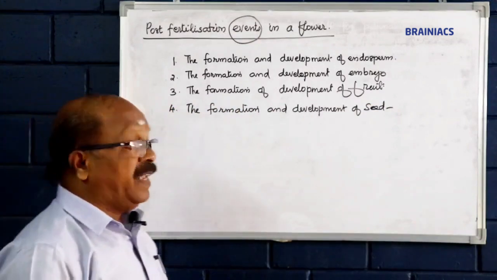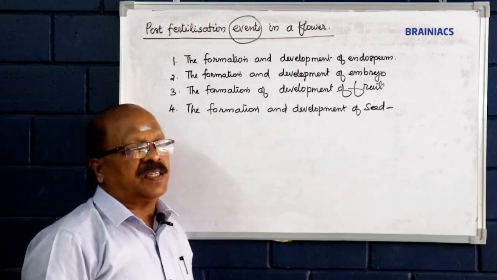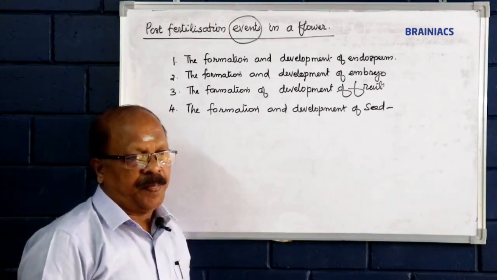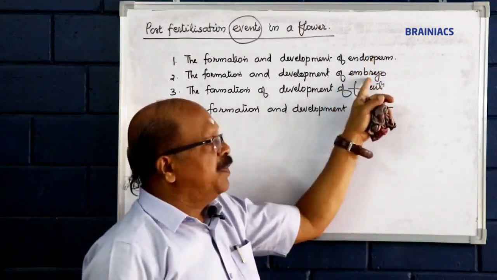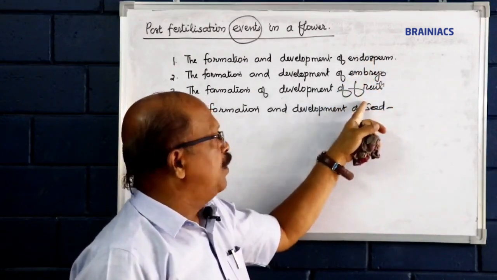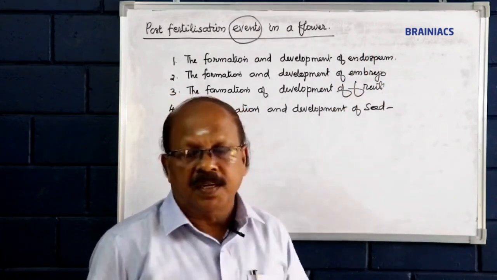These are the main 4 events after double fertilization in an angiospermic flower. Say once again, please listen: formation of endosperm, embryo, fruit, and seed, which are the 4 important events.